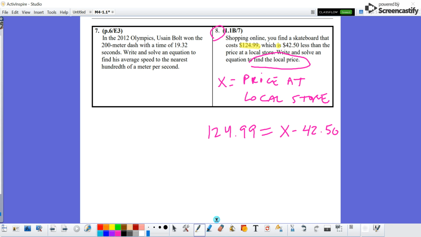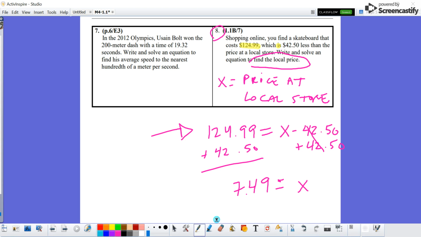So I have my equation, and I solve the one-step equation like I did all the computation questions we began with here. And as I add those to both sides, that will give me the value for x. So I have $167.49 is the price at the local store.